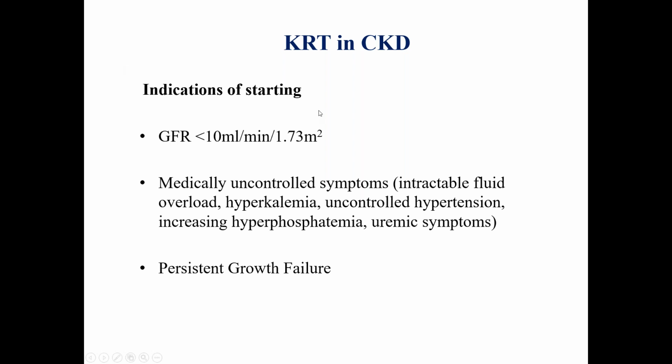So the indications for starting any form of kidney replacement therapy are when your GFR falls below 10 ml. So you are already in CKD stage 5, and when the patient is in CKD stage 5, then we start the kidney replacement therapy.